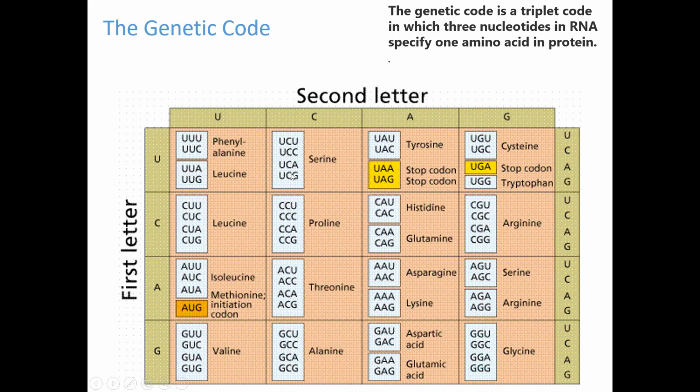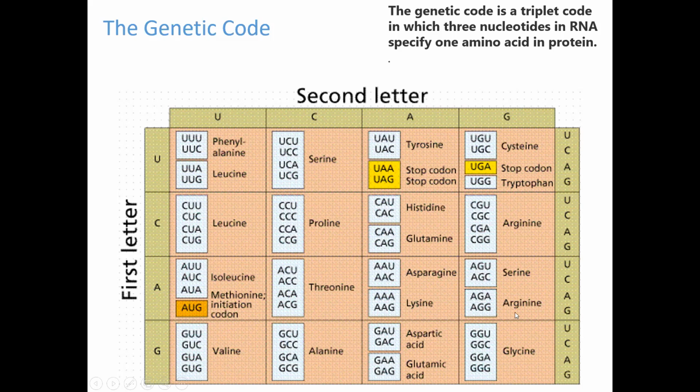So, for example, if we are looking up AGA, adenine, guanine, adenine. The first letter is adenine, so it's this row. The second letter is G, so it's this column. So look at the intersection of adenine and guanine. You have 4 different combinations: AGU and AGC, AGA and AGG.